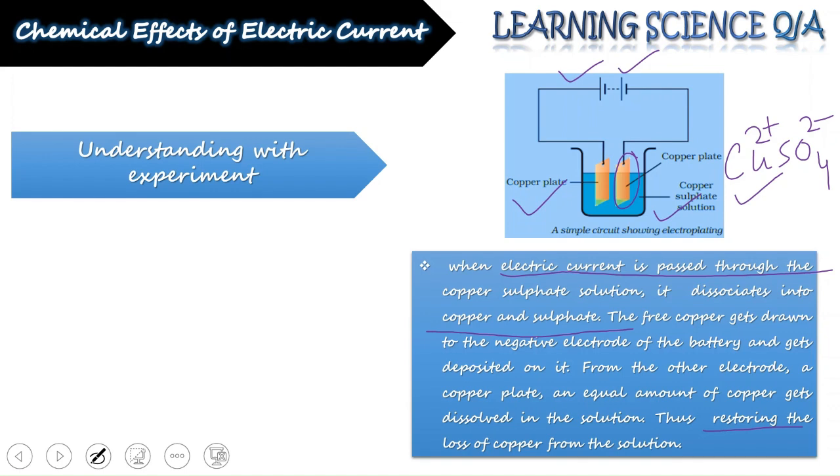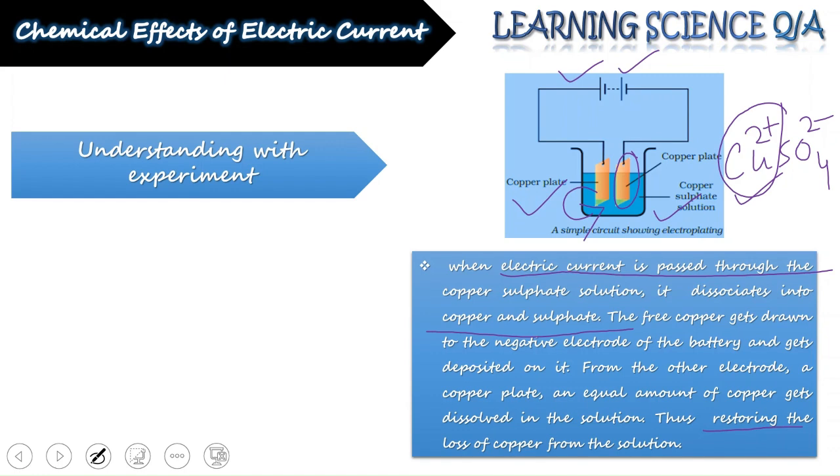The copper ions go towards the negative electrode because they are positively charged, and get deposited over the electrode. Since copper ions are leaving the solution, copper ions dissolve into the solution from the positive copper plate to restore the loss. This is what happens in this simple experiment.